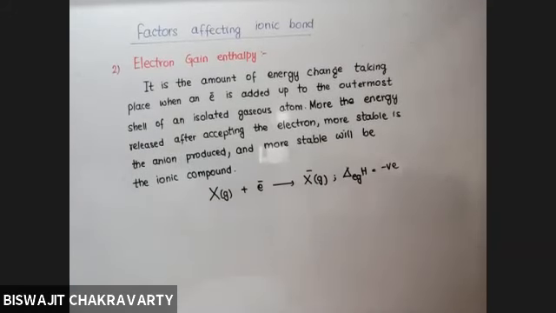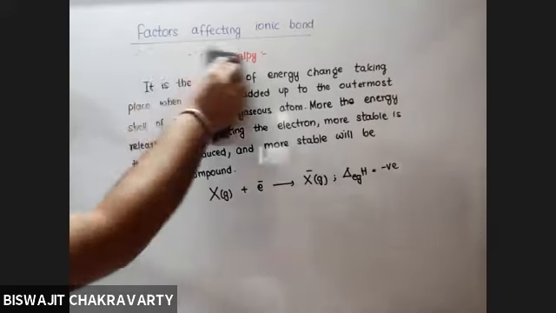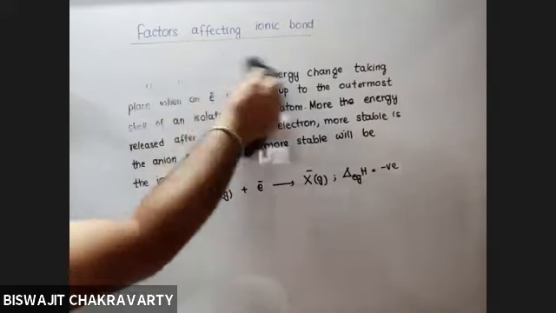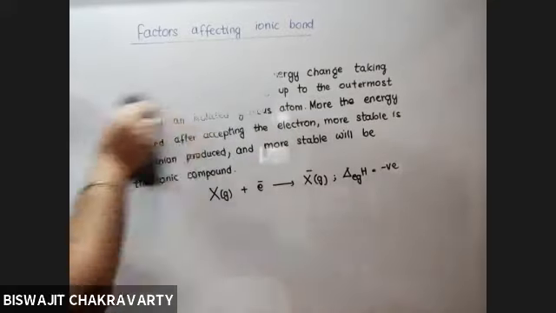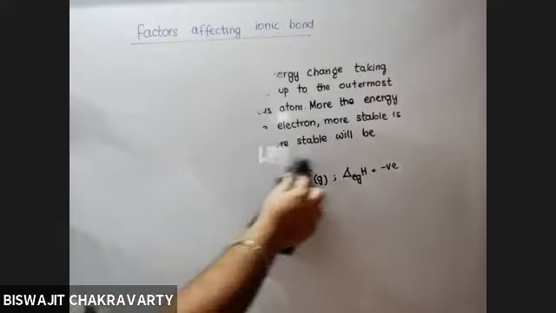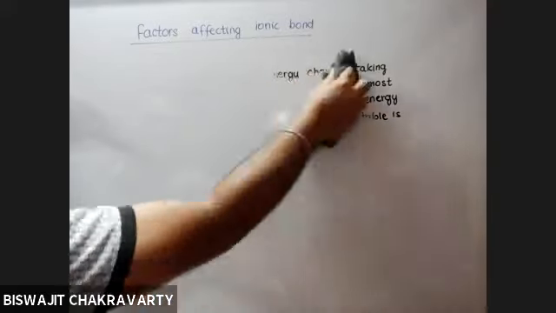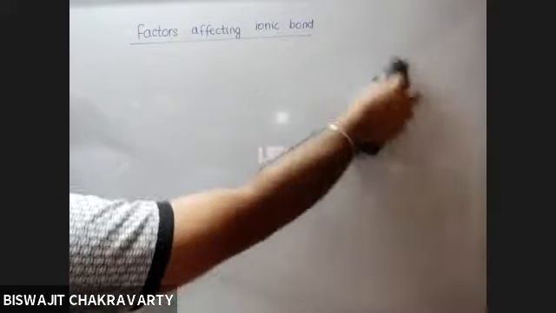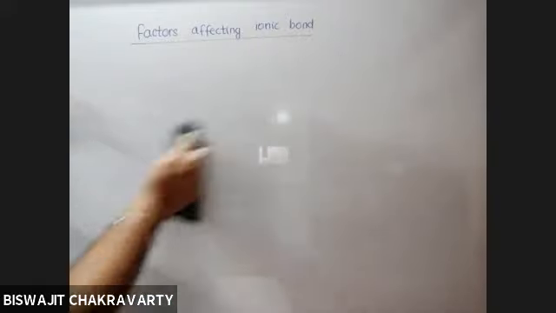Now they will approach near each other, and when they approach near each other, there will be electrostatic forces of attraction between them. And always remember, whenever there is some kind of attraction, in return, there will always be some energy released.